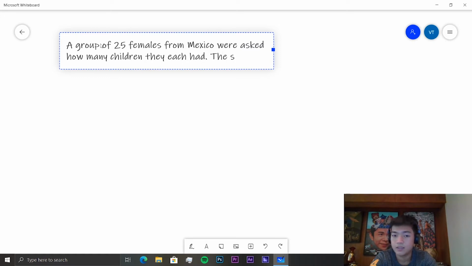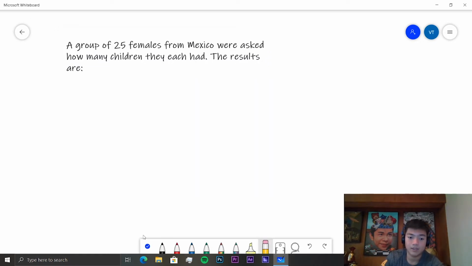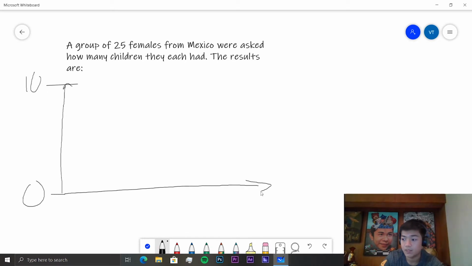The results are shown in a histogram. At the top is 10, bottom is 0. And then along this axis, we have discrete data, of course, because the number of children has to be discrete.